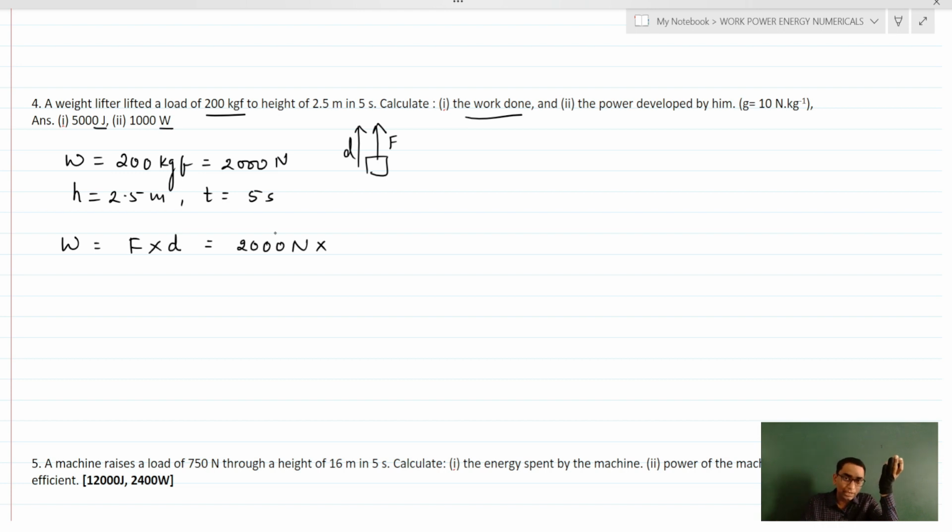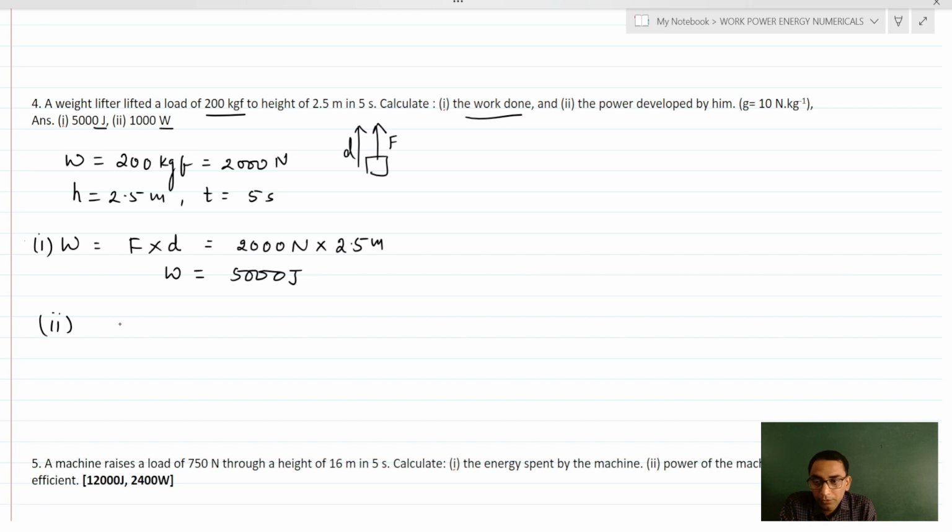Somebody has to lose the energy, and that is the weightlifter. The same amount of energy is converted into potential energy of the weight. You can also simply use the formula mgh, as I told you earlier, times the displacement, that is 2.5 meters. So this answer is basically 5000 joules. That is the work done. This is the answer to the first part.